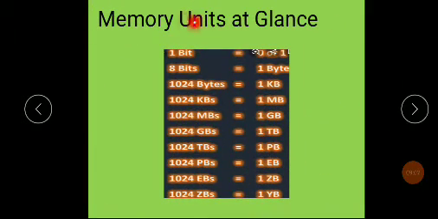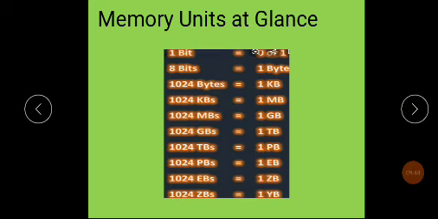After that, memory units at a glance. 1 bit is 0 or 1, 8 bits equal 1 byte, 1024 bytes equal 1 KB, 1024 KB equal 1 MB, 1024 MB equal 1 GB, 1024 GB equal 1 TB, 1024 TB equal 1 PB, 1024 PB equal 1 exabyte, 1024 exabytes equal 1 zettabyte, and 1024 zettabytes equal 1 yottabyte.